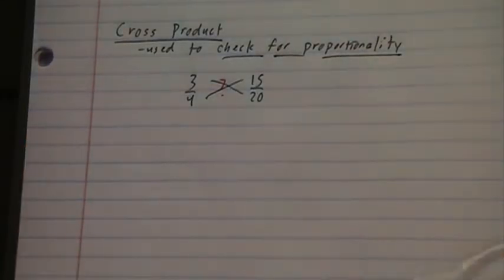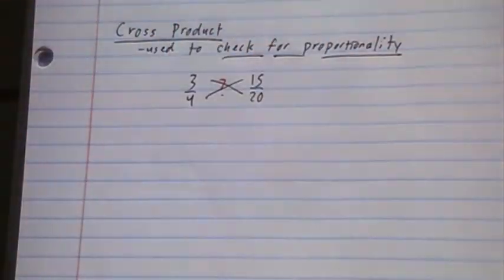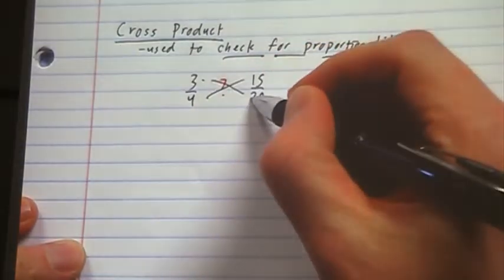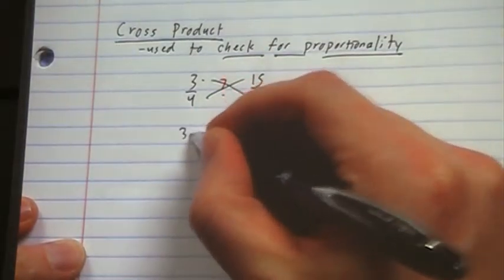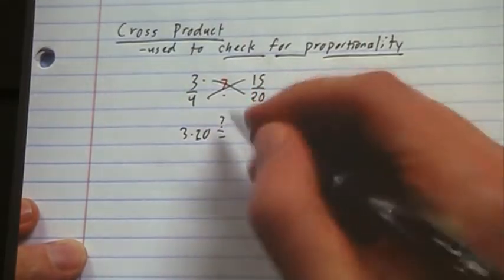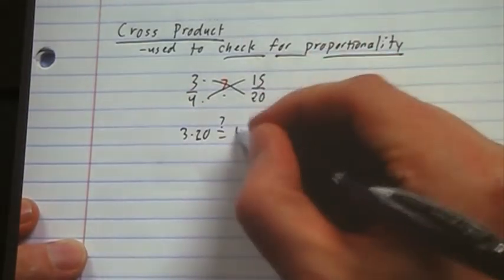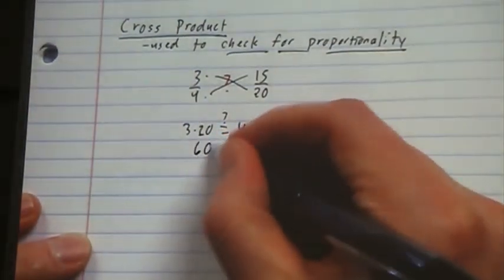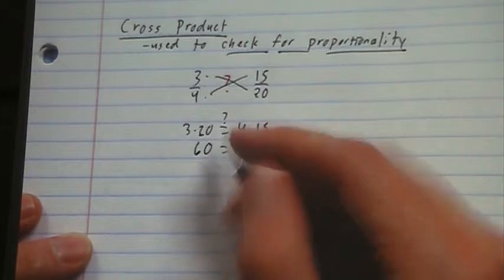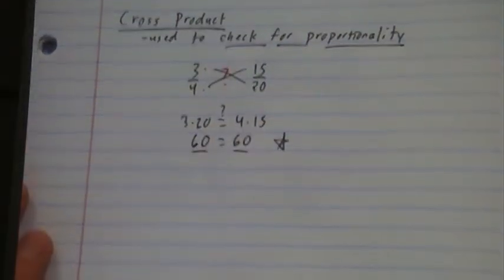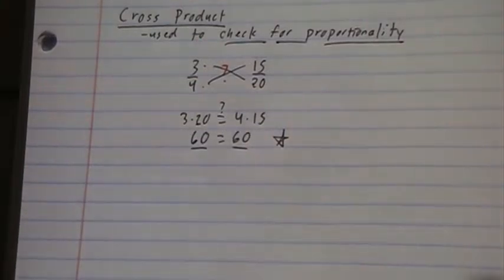It's not like a T cross, it's an X cross. So we're going to go top times bottom. We go 3 times 20 equals, or we don't know if it equals, 4 times 15. We solve both of those and we see 60 equals 60. If these are the same, boom, then we know the two fractions are proportional.